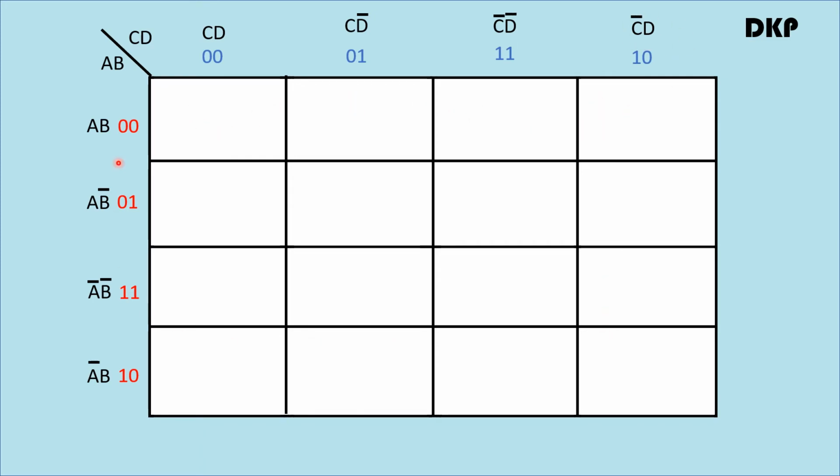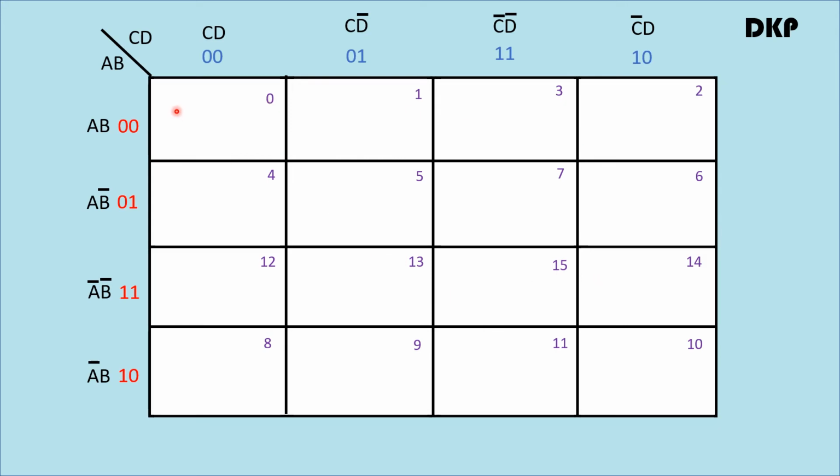And each cell represents a max term. So this first cell represents the max term M0. This cell represents the max term M1, M2, M3, M4, M5, M6, M7, M8, 9, 10, 11, 12, 13, 14 and 15. So these 16 cells represent the max terms 0, 1, 2, up to 15.